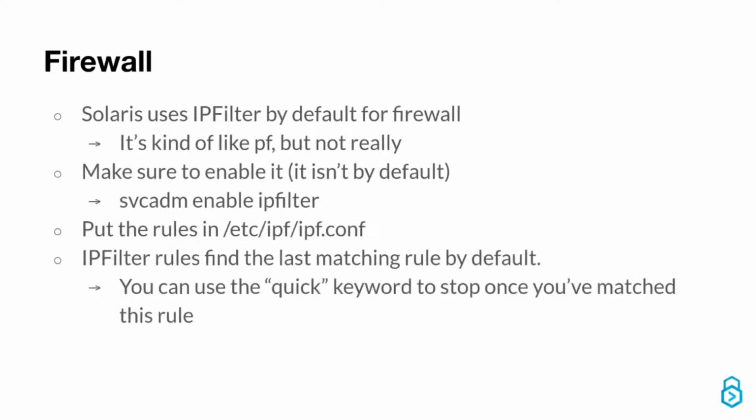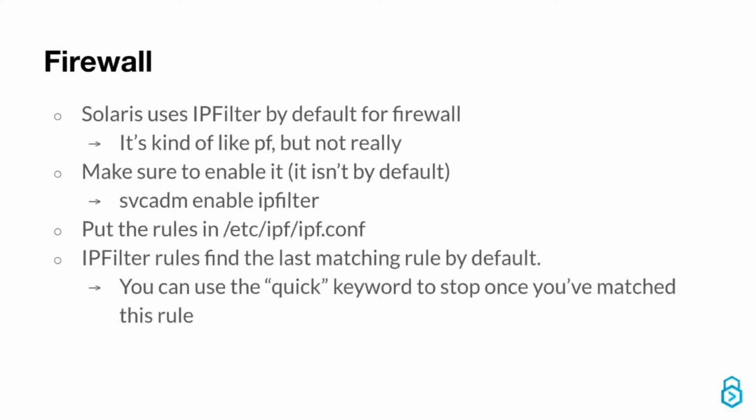As for the firewall, Solaris uses IP Filter. It's pretty similar to PF, which I covered in the BSD presentation. Syntactically, it's pretty similar, but it has a few differences in syntax. Also, it isn't enabled by default, so make sure you don't forget to start it.